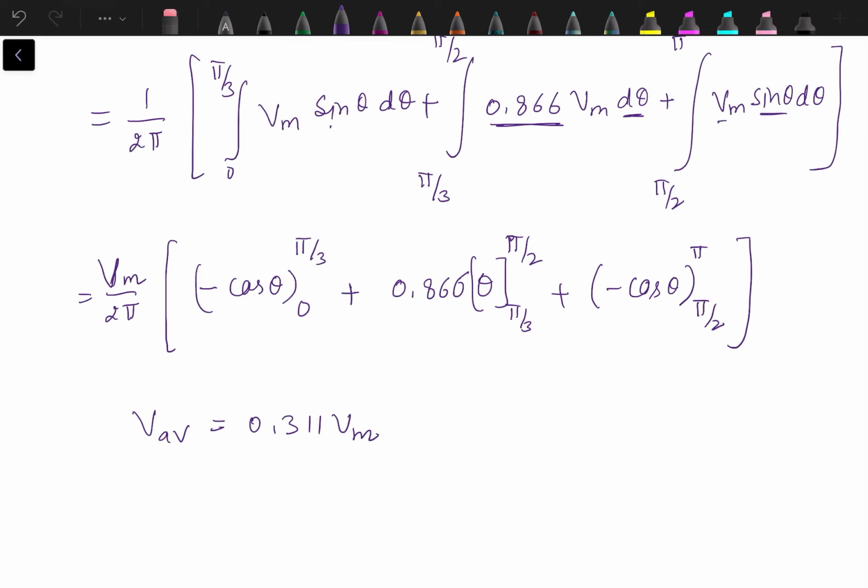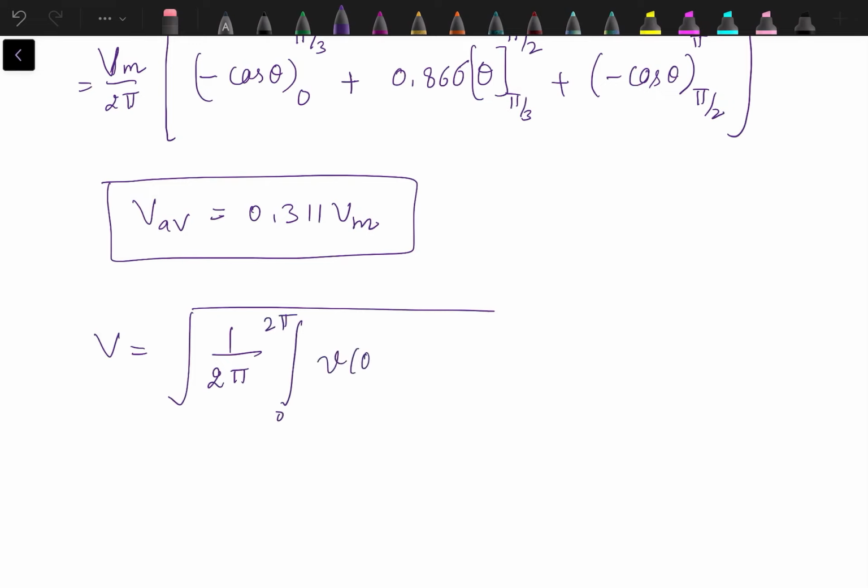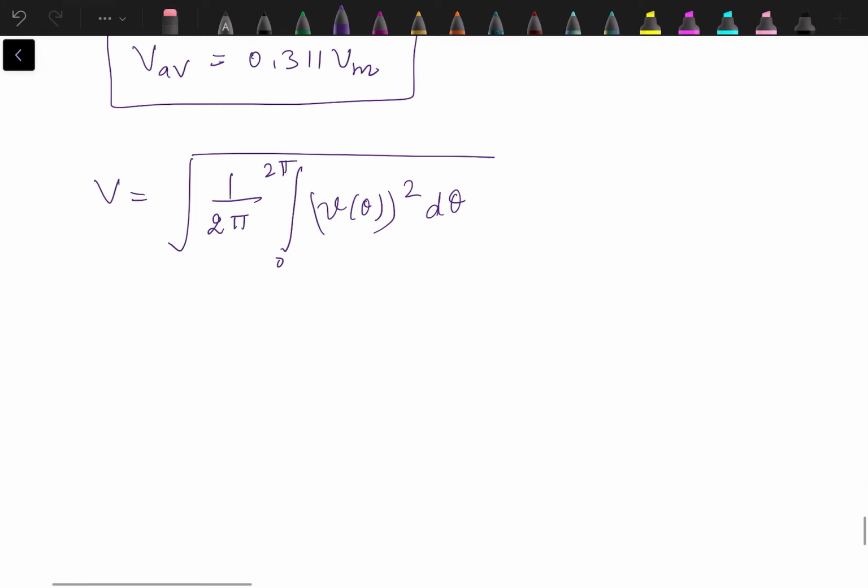So next step is we have to calculate the RMS value. RMS value is under the root 1 by 2 pi integration from 0 to 2 pi of V theta square into d theta. 1 by root 2 pi outside, breaking the limits from 0 to pi by 3.